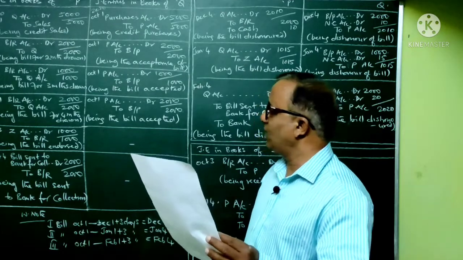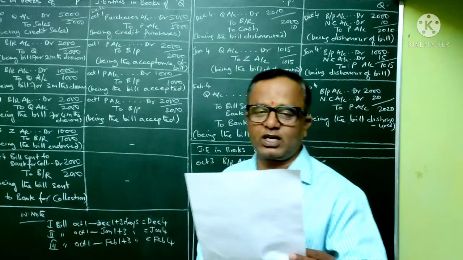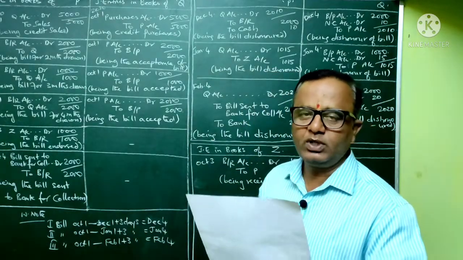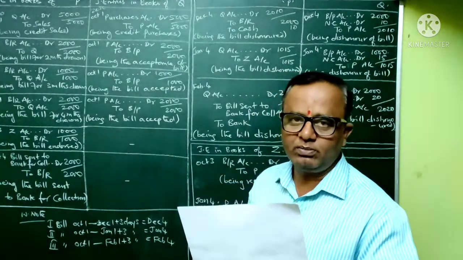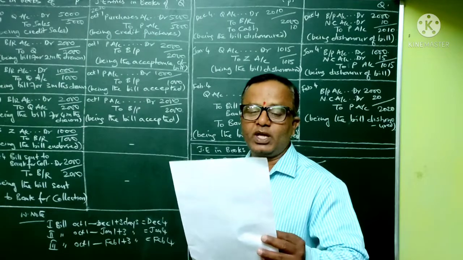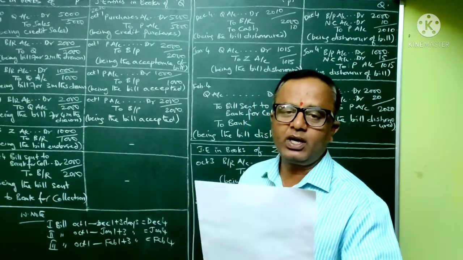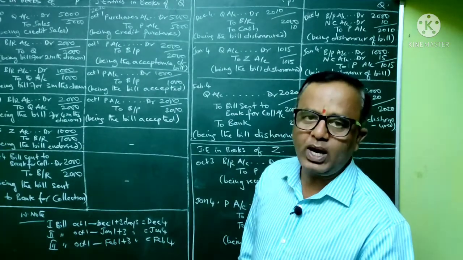After that the first bill he has retained with him till the due date, whereas the second bill he has endorsed to Z, and the third bill he has sent to bank for collection. On the due date all the 3 bills are dishonored and noting charges of 10, 15 and 20 are paid respectively. So he is asking us to write the entries in the books of P, Q and Z.